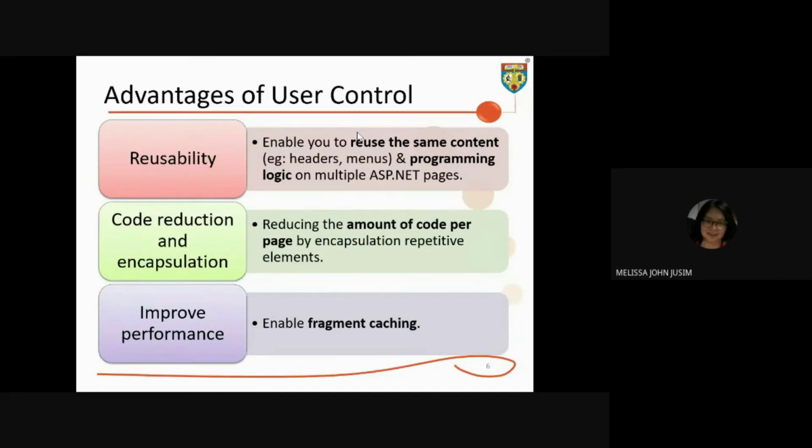If the user gender is male, then you will display a specific banner for this male visitor. Otherwise, if it's female, then you display another advertisement banner. So it's like you are reusing the same content.